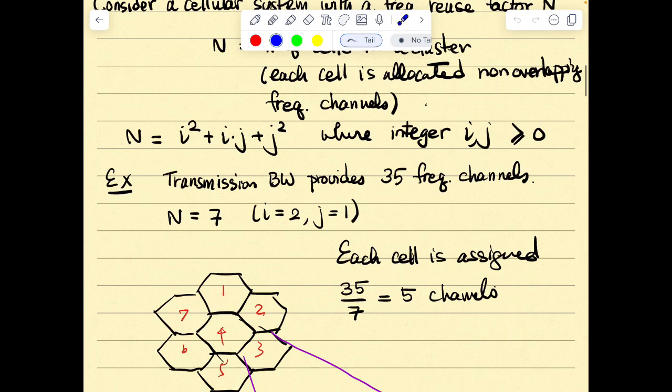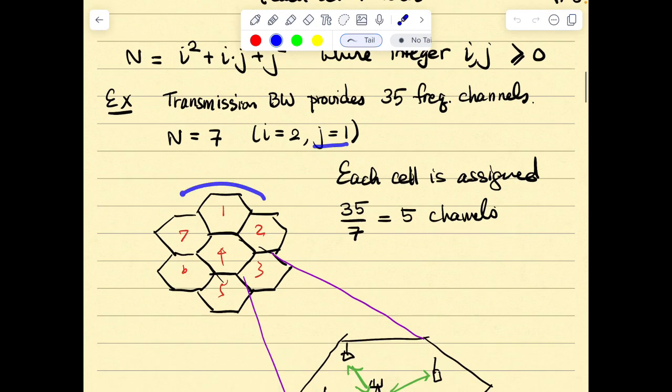Let's look at an example. Let's say the transmit bandwidth can provide 35 frequency channels, so there are 35 channels overall for the whole system, and the frequency reuse factor is equal to 7. That is, we set i equal to 2 and j equal to 1. That means one cluster consists of 7 cells: cell 1, 2, 3, 4, 5, 6, 7.